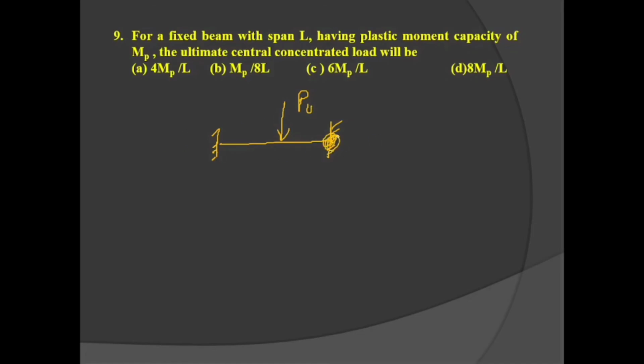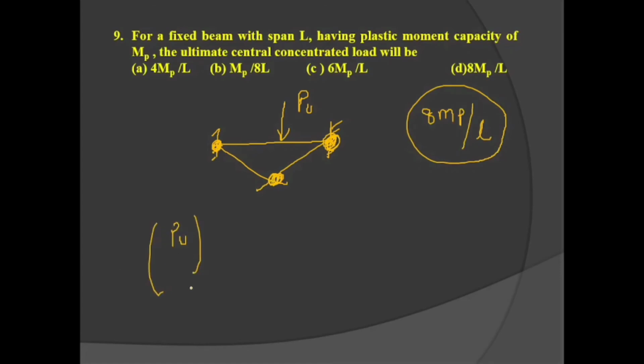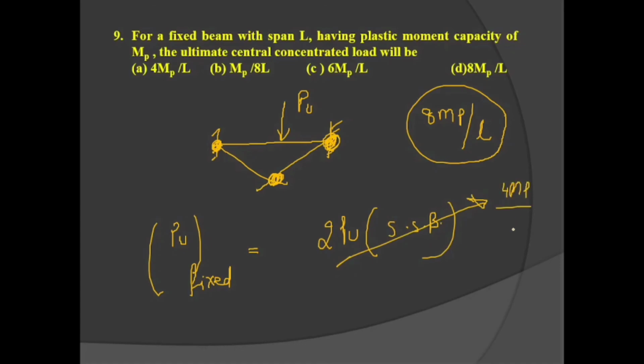The plastic moment MP is required at the supports and at the center, so the value is 8 MP by L. Or you can directly calculate it: PU of a fixed beam is 2 times PU of a simply supported beam, and PU for a simply supported beam was 4 MP by L, but here the value is 8 MP by L. So option D is correct.